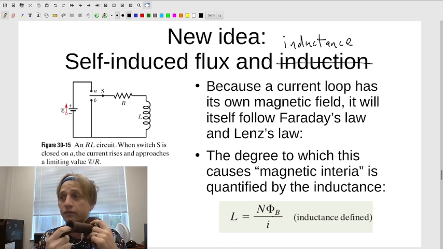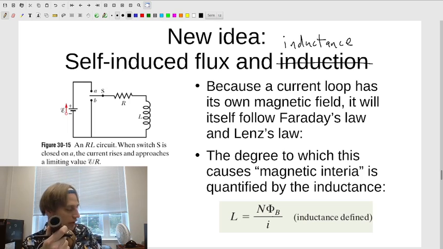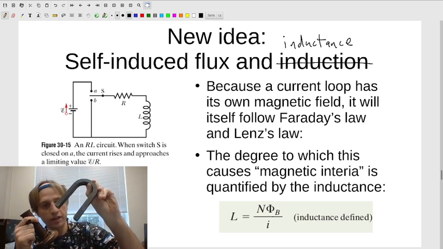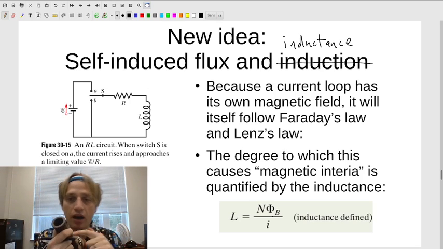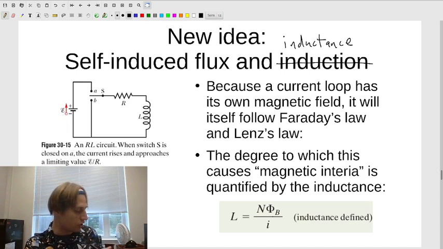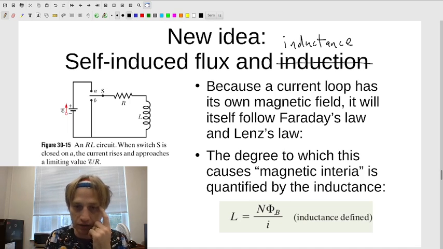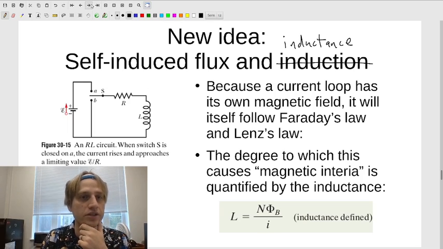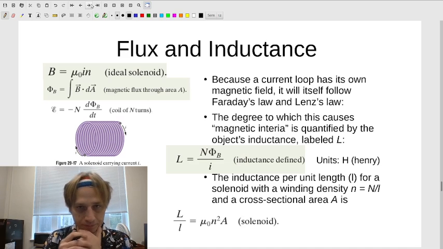And the magnetic field is not necessarily from an external source like a bar magnet. It's being caused by the object itself. And so the inductance is helping us to quantify how much the magnetic flux responds to how much current I put through that object. Now, it's going to become apparent in just a second why this is important.